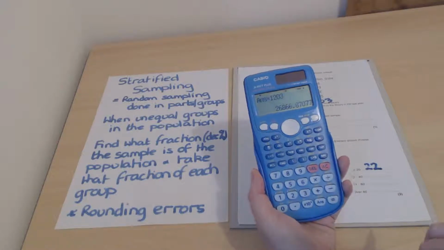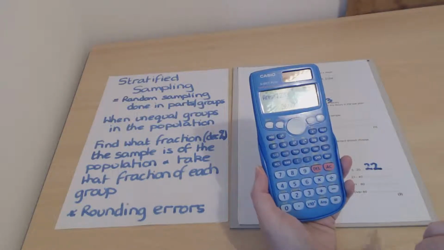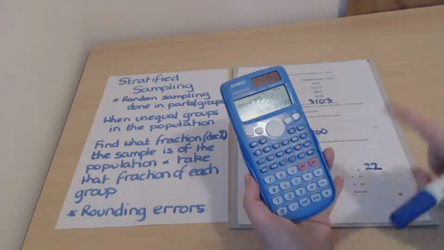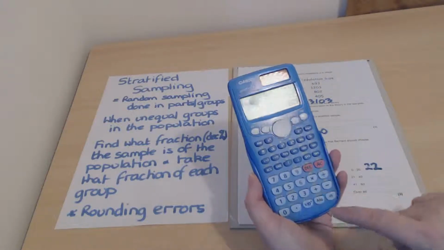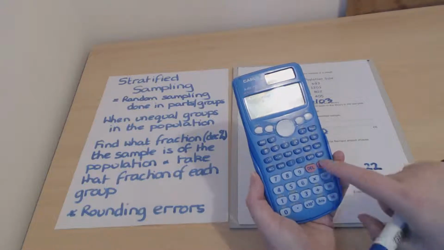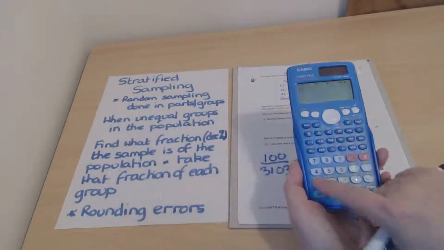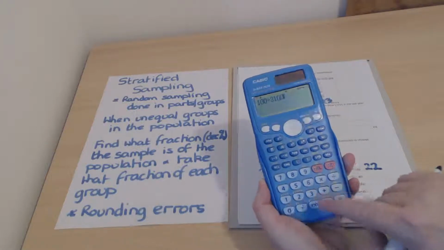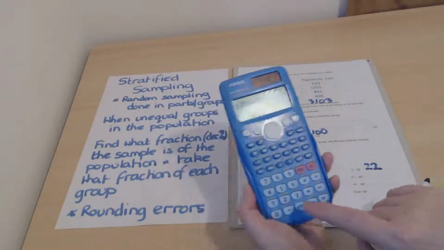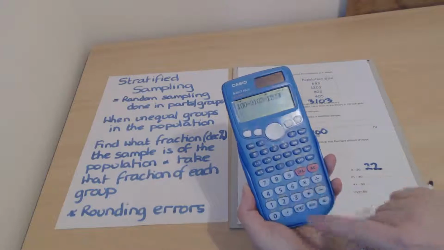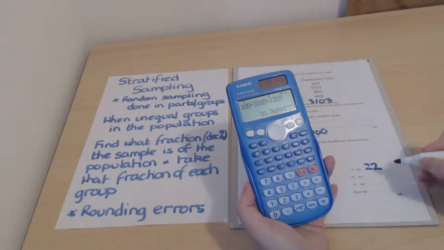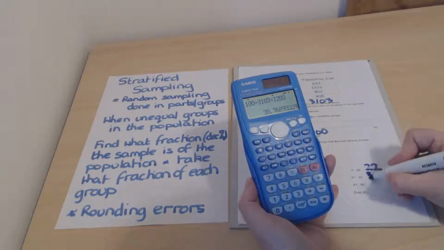Whoops. Right, we're going to have to start from scratch there because it hasn't done what I wanted it to do, unfortunately. Okay, so 100 divided by 3,103 times by 1,203 equals 38.7, so we'll make that 39.